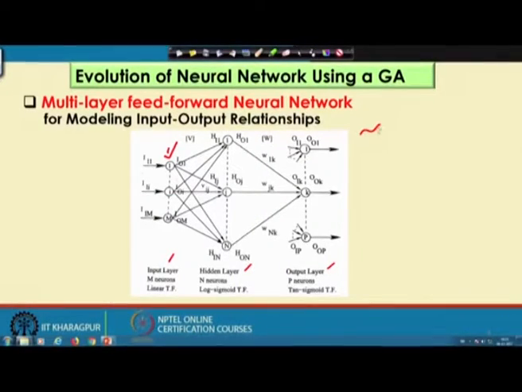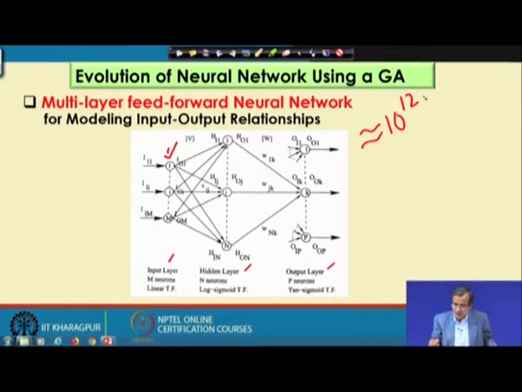The number of neurons could be in the order of 10 raised to the power 12. It is a huge number, and all such neurons are working in parallel in our brain. So, our brain is a highly complex parallel computer. But before that, let me see what is there in a particular biological neuron.